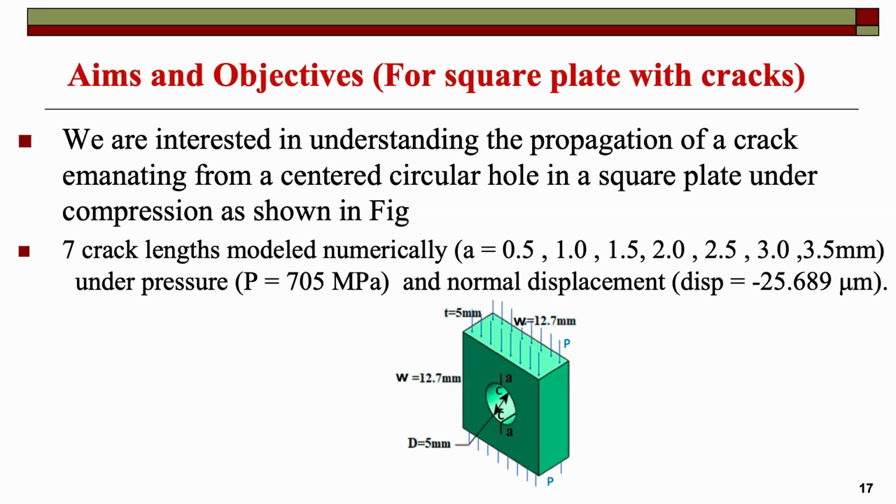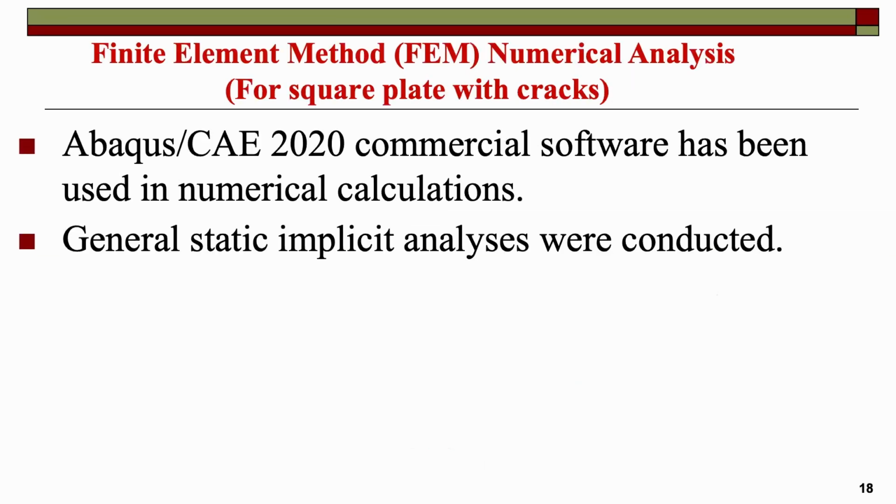Seven crack lengths were modeled numerically, from a equals 0.5 to 3.5 millimeters, under pressure of 705 megapascal and displacement of minus 25.689 micrometers. For the cracks, I used the Abaqus CAE 2020 commercial software with general static implicit analysis.